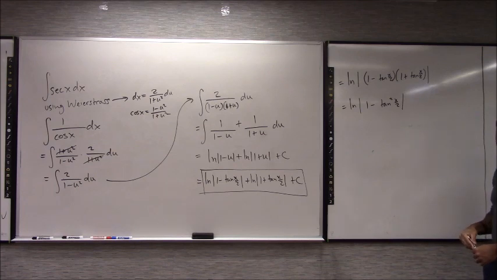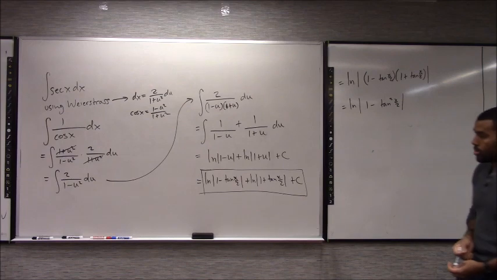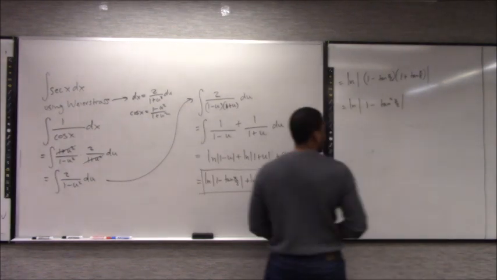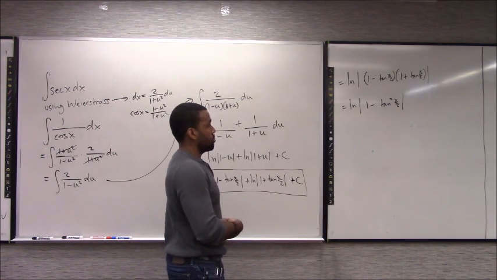That's a trig identity. Is it? No, it would have to be 1 plus tan. 1 plus tangent squared is the trig identity. What would this become? 1 over... tan squared... secant.